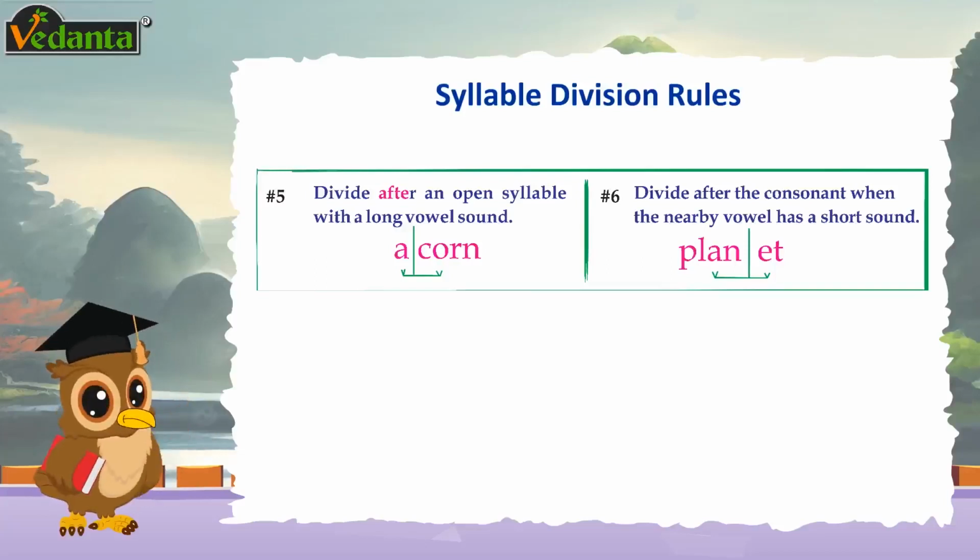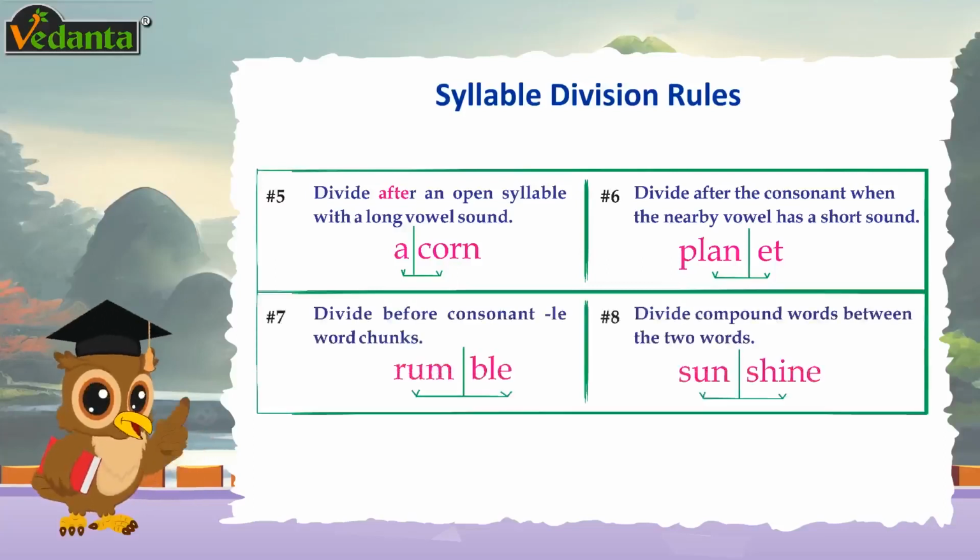Rule number 6: divide after the consonant when the nearby vowel has a short sound. Plan-et. Rule number 7: divide before consonant-le word chunks. Rum-ble.